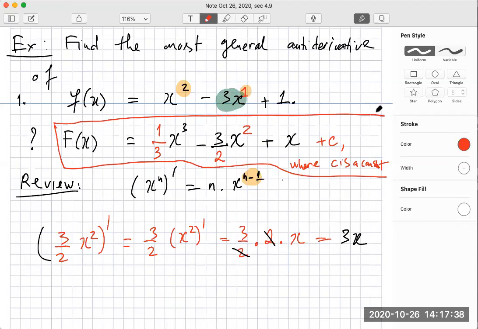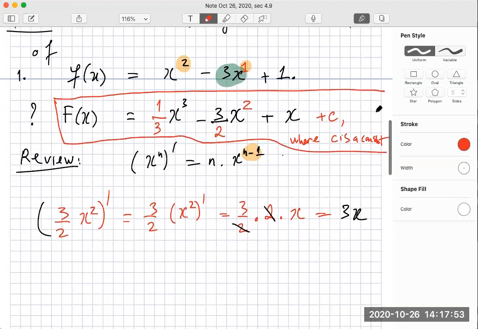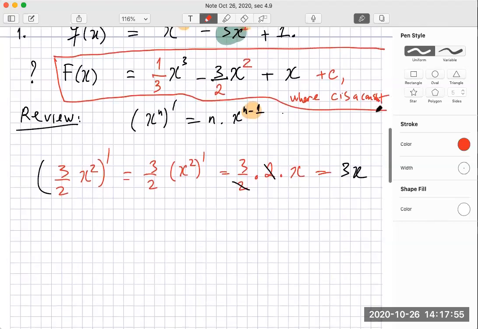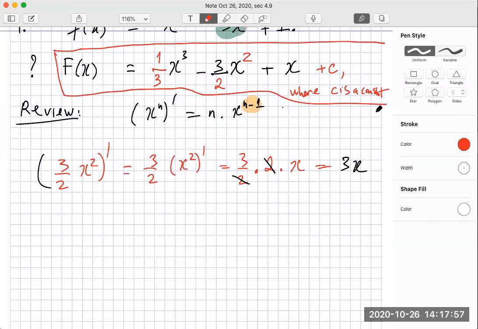Now, when you go home, review all the derivative formulas and train your mind to find the antiderivative of any given function. But before going home, let us do one more problem.